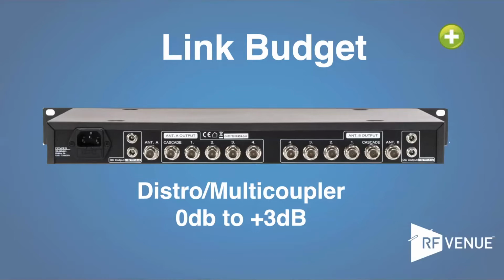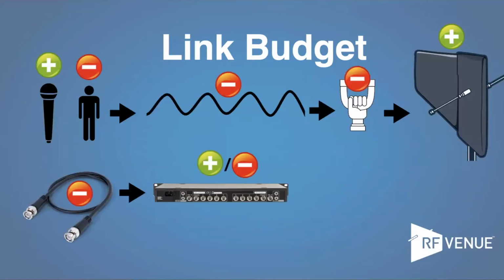But again, if you look on the spec sheets, you're going to get a number. Now, if you're using a passive splitter, this is going to be a loss. But with an active splitter, it's usually neutral to maybe a slight amount of gain. So here's the path so far.